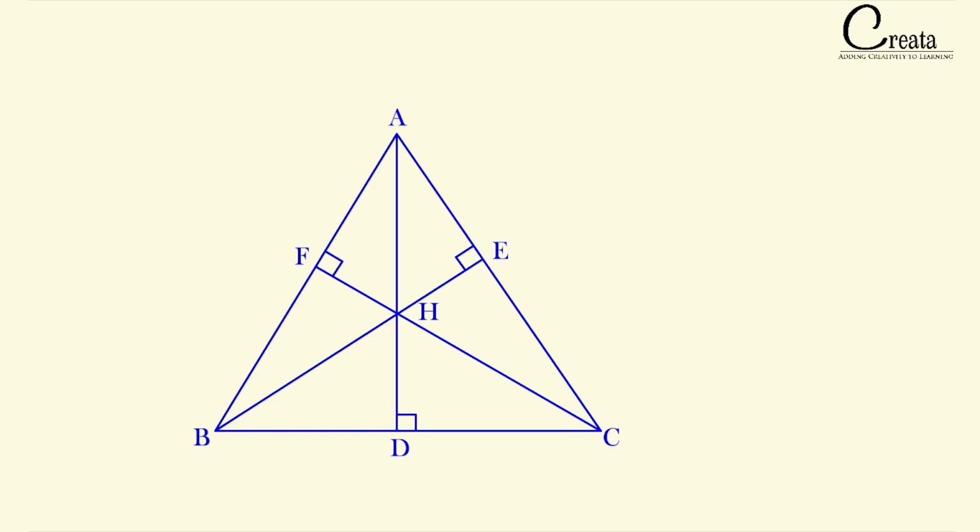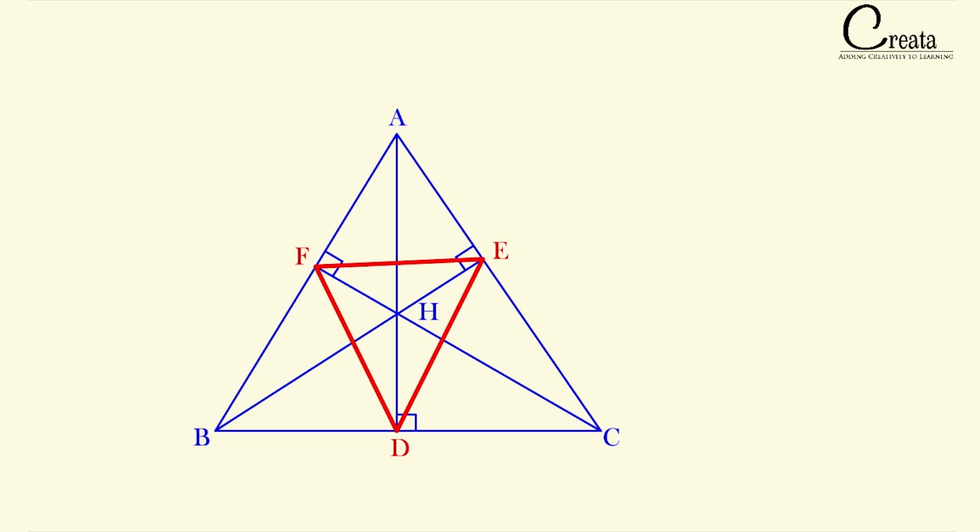So first of all, let's see what is the orthic triangle. Orthic triangles are the triangle formed by joining the foot of the altitudes. Here point D, E and F are the foot of the altitudes AD, BE and CF respectively. So a triangle which is formed by joining these three feet of the altitude is known as the orthic triangle.